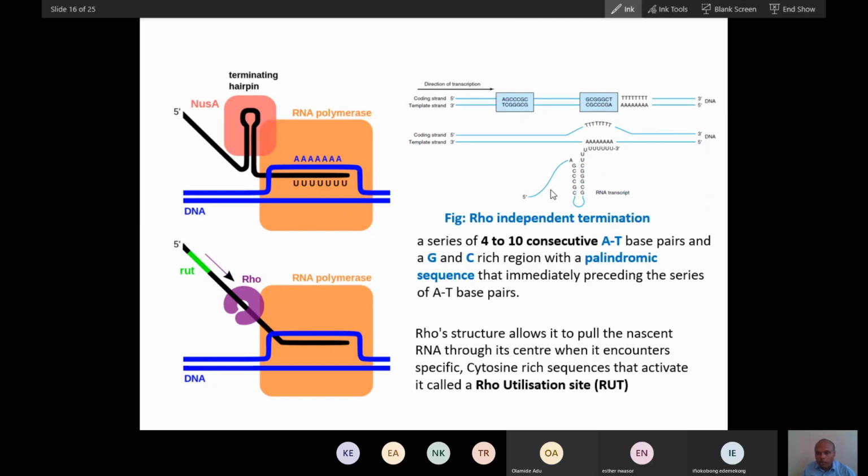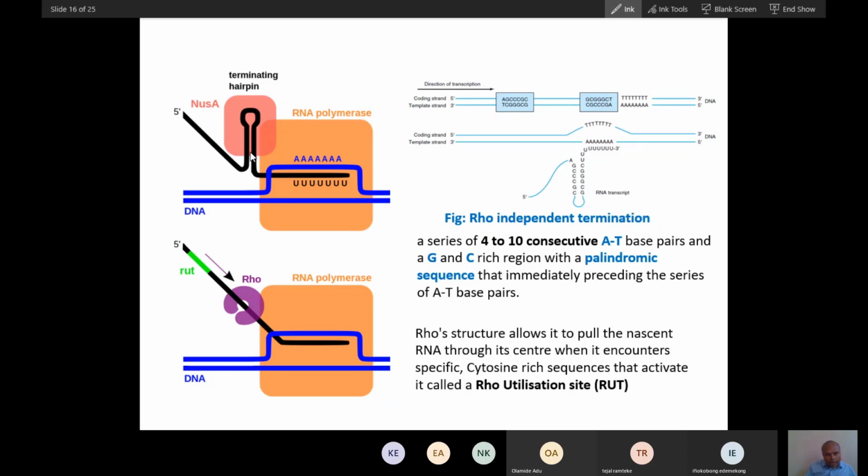For this transcription termination, there is no requirement of other proteins. The termination is not done by protein, and this process is called rho independent termination. The loop will be formed, and the loop will bond with a certain protein, which will secure this loop.